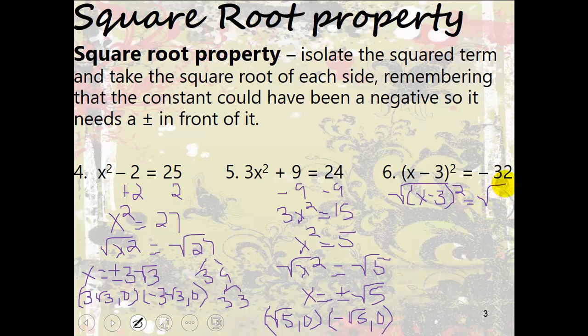We're going to take the square root of negative 32, and then I'm going to get x minus 3 because these two things undo each other. X minus 3 equals i root 32. Actually, that's plus or minus i root 32.